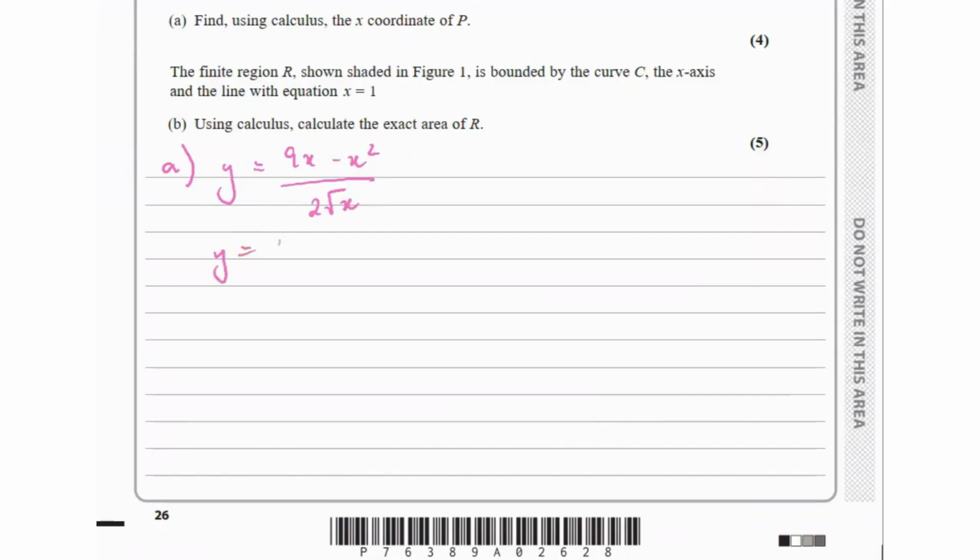Simplify this, split into two fractions, 9x over 2 root x and minus x squared over 2 root x. That becomes 9 times root x over 2, and it's going to be minus 1 over 2 x to the power of 3 over 2.